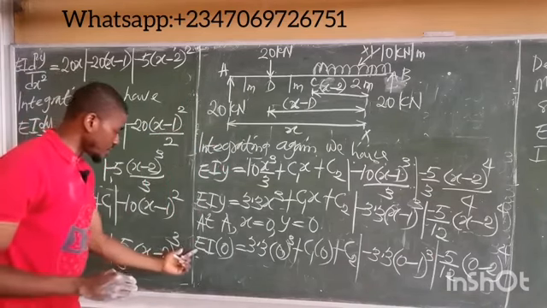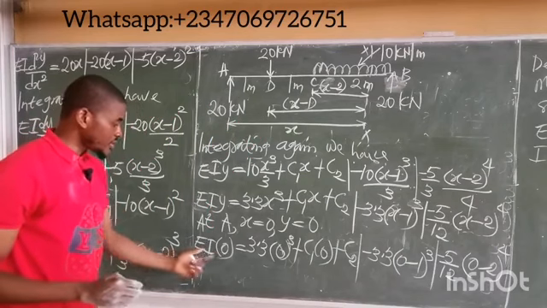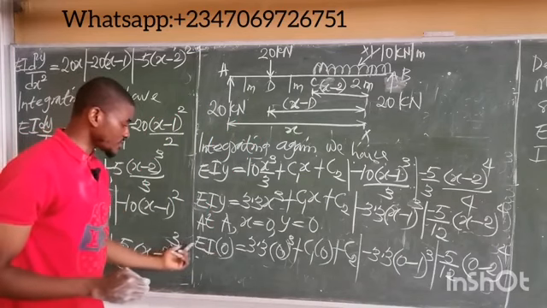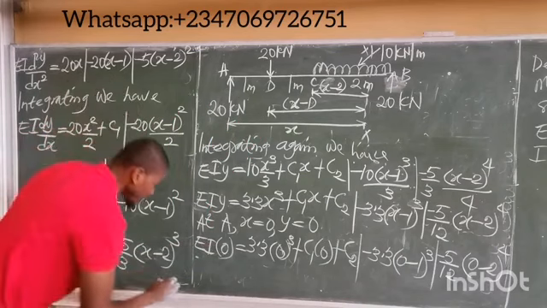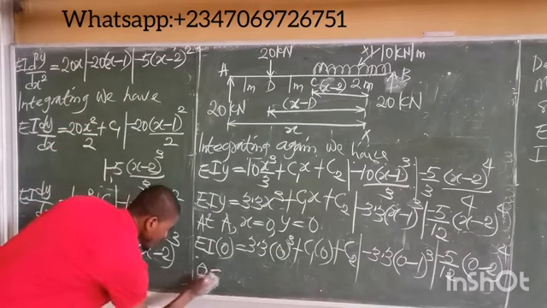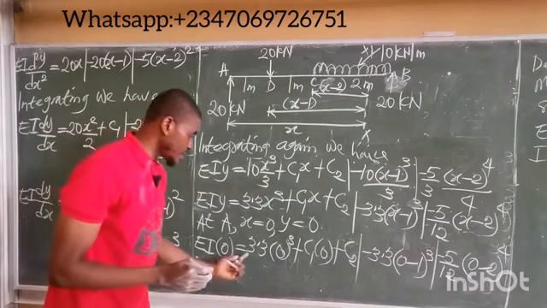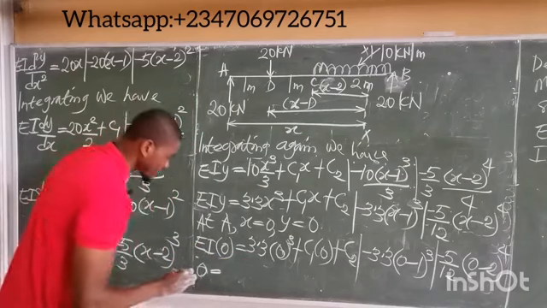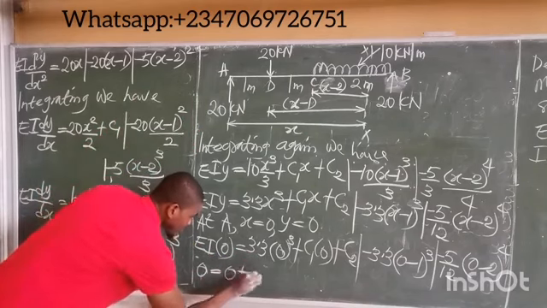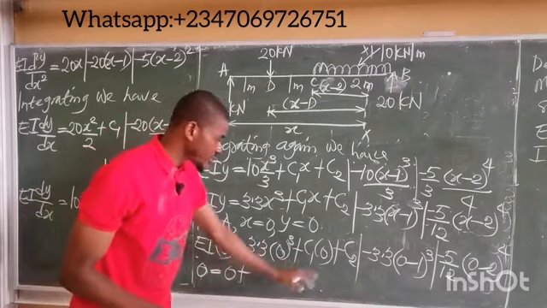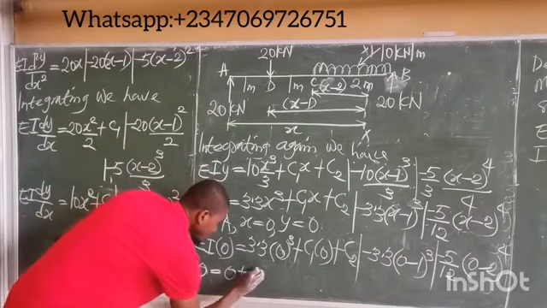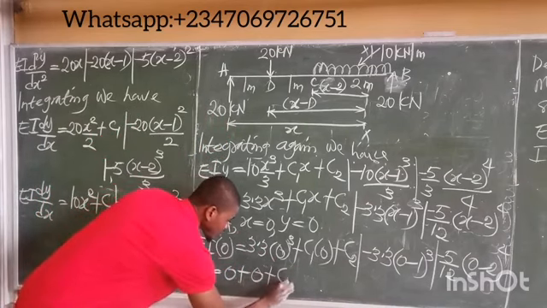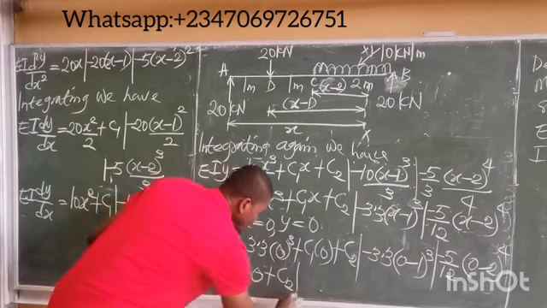Alright, so from here now, EI times 0 simply gives us 0. Of course, everything multiplied by 0 here simply gives us 0. I have 0 is equal to, same thing applies here, 3.3 times 0 also gives me 0, plus here I have C1 times 0 also gives me 0, plus C2. So put down your Macaulay's bracket.